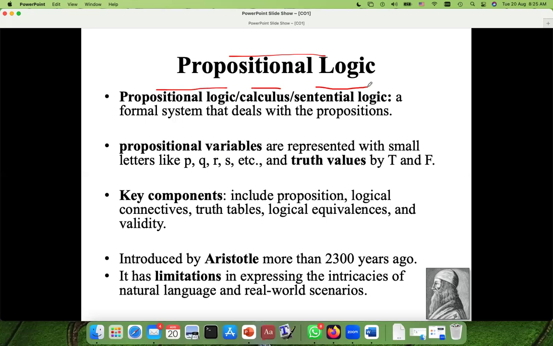And what it is: a field which deals with the propositions, that field is called propositional logic. Now you have the definition of proposition. So now you can say the field of study, or for example, a formal system, it is up to you. The field of study which deals with the propositions is called propositional logic. Simple. So this is the simple definition.